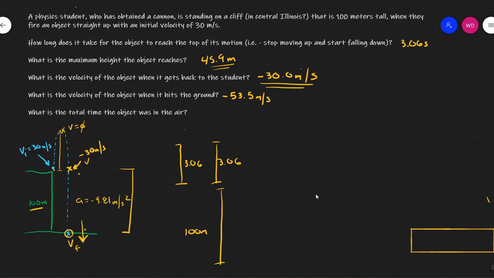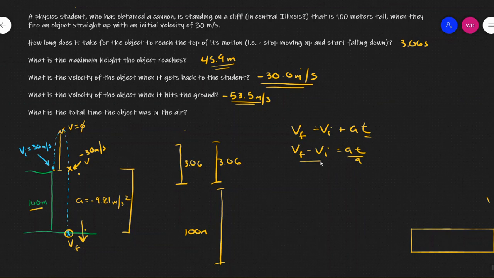So we need a kinematics equation that has time. We know everything else. We now know V final, it's 53.5. I think the easiest equation for this is V final is equal to V initial plus acceleration times time. I'm looking for time, so V final minus V initial is equal to acceleration times time.